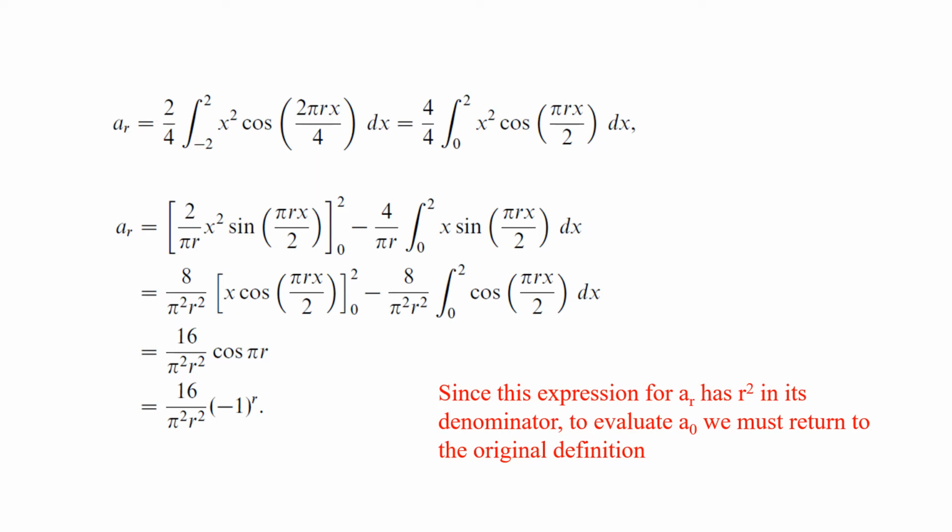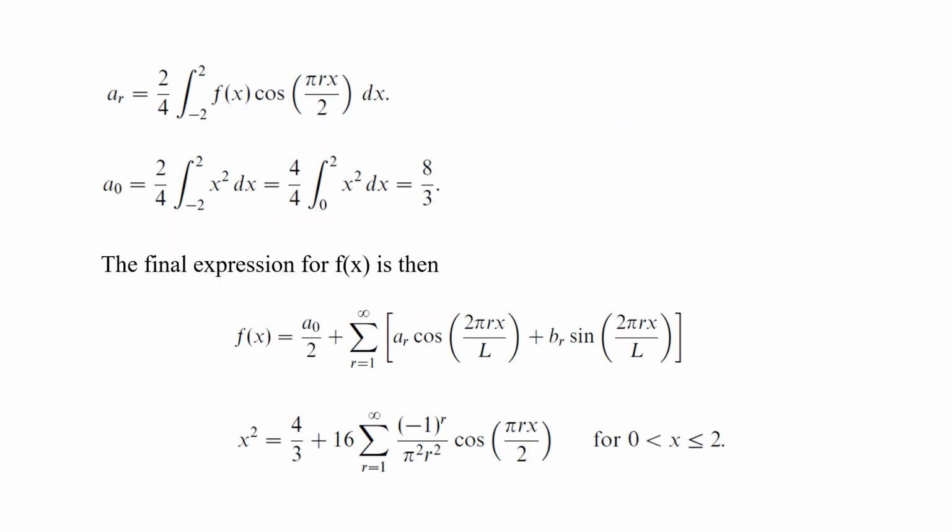Now, since this expression for a_r has r squared in its denominator, to evaluate a_0, we return to the original definition. So evaluating for a_0, we have a_0 equal to 8 over 3. The final expression for f of x is then this function here.